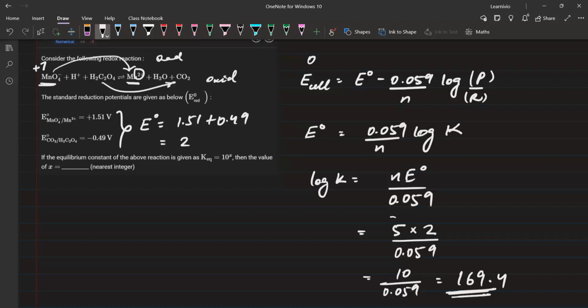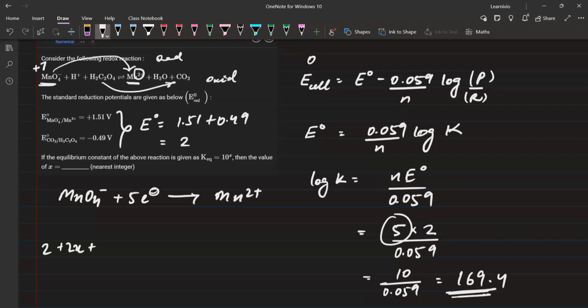By the way, we have to check for 5 electrons. Just give me a second. MnO4 negative is getting converted to Mn2 positive. That means this will require 5 electrons. And then we have C2O4H2. So how many electrons will this require? Carbon: 2x minus 8 is equal to 0.